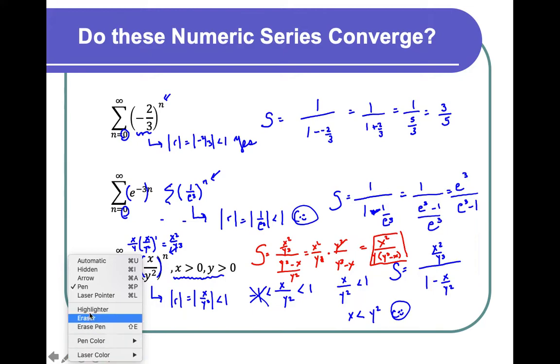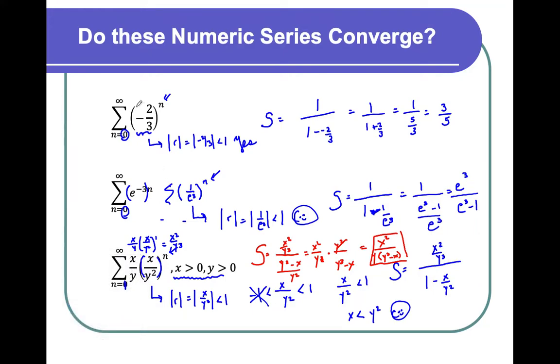So each time for geometric, I'm looking for a common ratio, investigating whether that common ratio is less than 1.